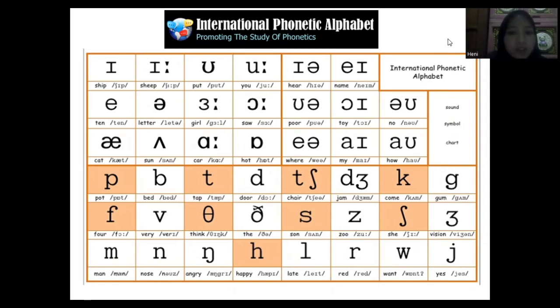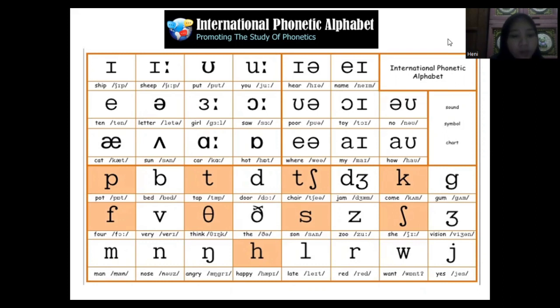Next are stop consonants. First, we will talk about the consonants pronounced in the labial area, which are p and b. P sound is voiceless. The example, pot. B sound is voiced.